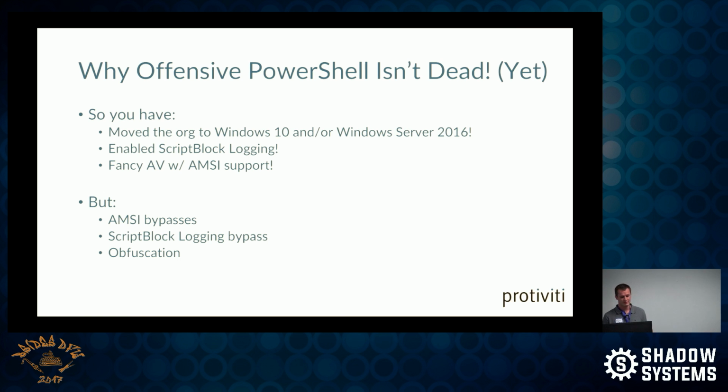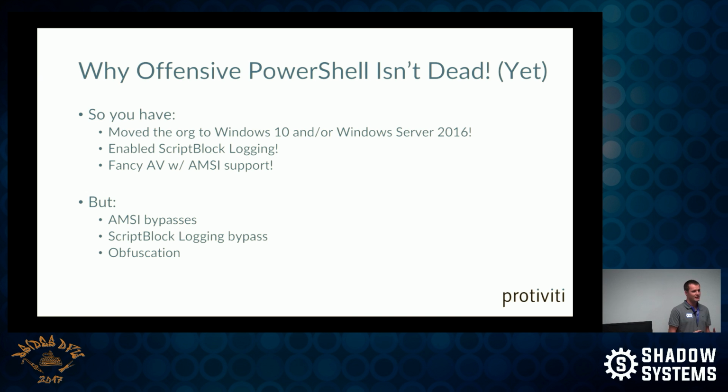And it turns out that these bypasses are actually really difficult to fix. PowerShell is a really powerful language and kind of gives you complete control over all the memory in the PowerShell process. So you can do things like overwrite variables and method implementations and really make it do whatever you want it to. So the real answer to stopping those bypasses is to use the constrained language mode that I mentioned earlier. Unfortunately, that can be a tough sell to convince someone to implement a full application whitelisting solution.